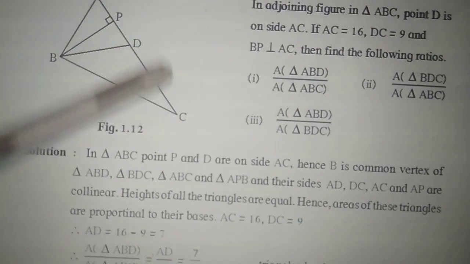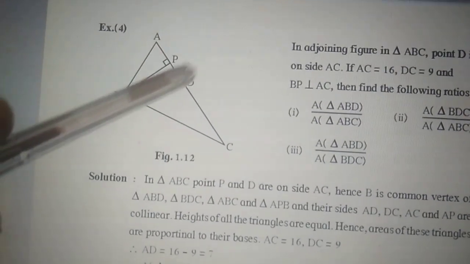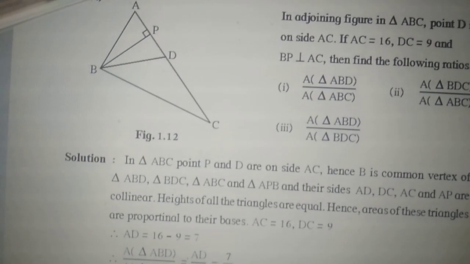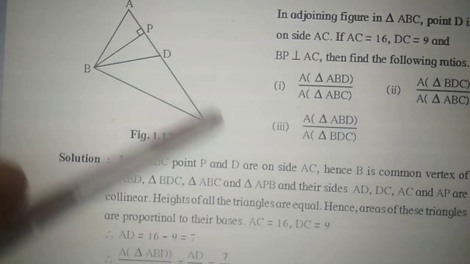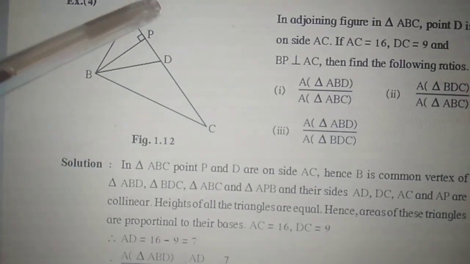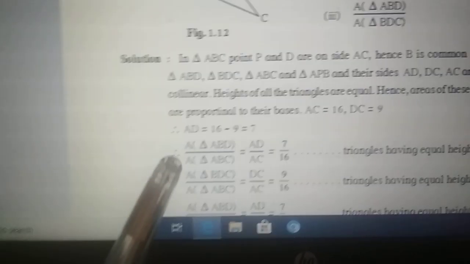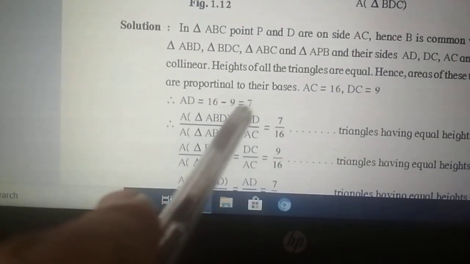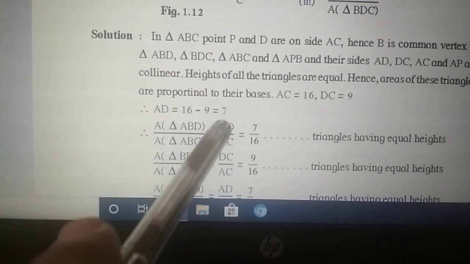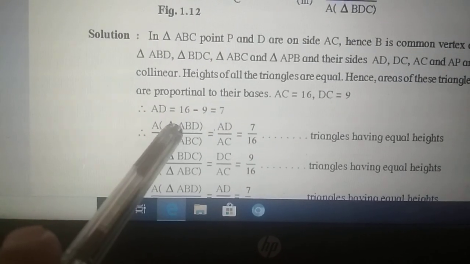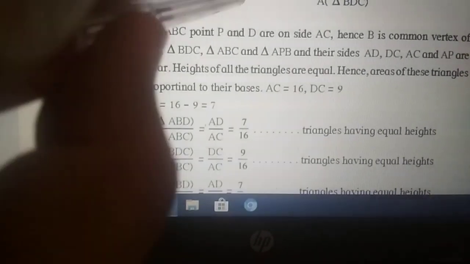Then what is AD? A, D, C are collinear, therefore AD plus DC equals AC. This AC is 16, minus this DC 9, 16 minus 9, that is AD is 7. Area of triangle ABD upon area of triangle ABC is equal to base of ABD, which is AD, and base of ABC, which is AC.